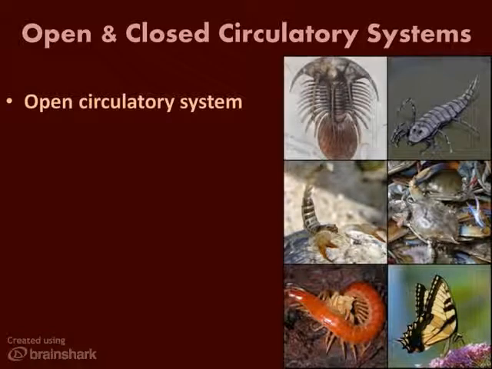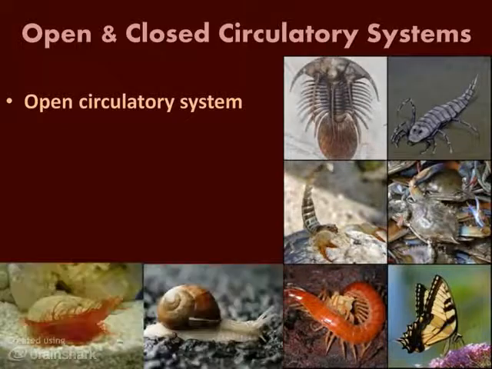Open circulatory systems are found in all arthropods, invertebrates with jointed legs. Arthropods include all insects, arachnids, crustaceans, centipedes, and millipedes. And you see a lot of them in the picture here. Mollusks, like snails, clams, scallops, and slugs, also have open circulatory systems.